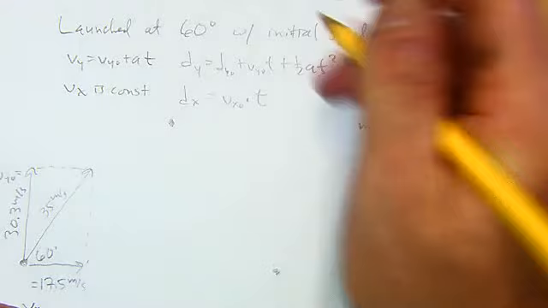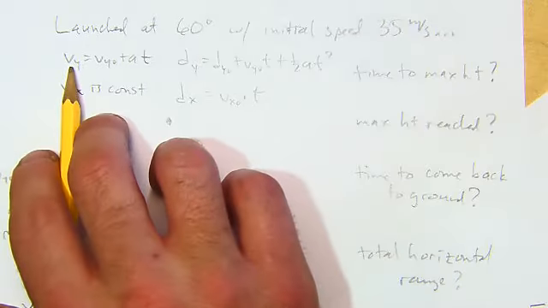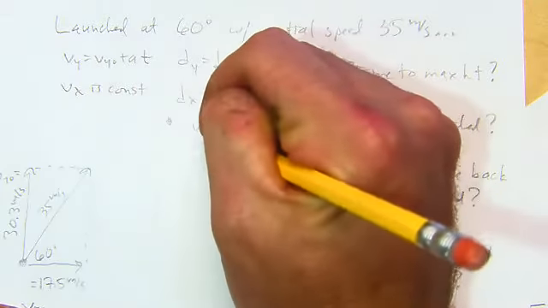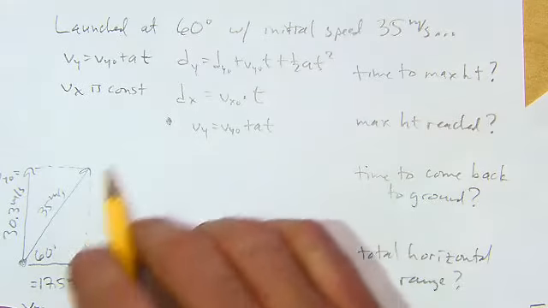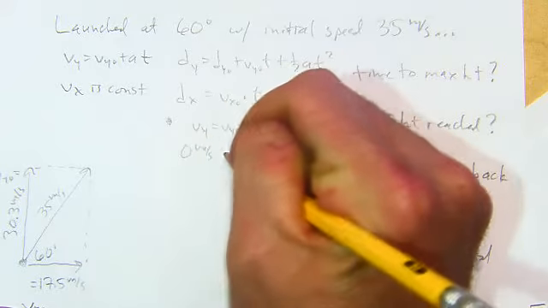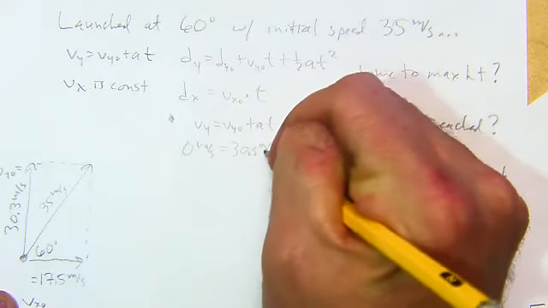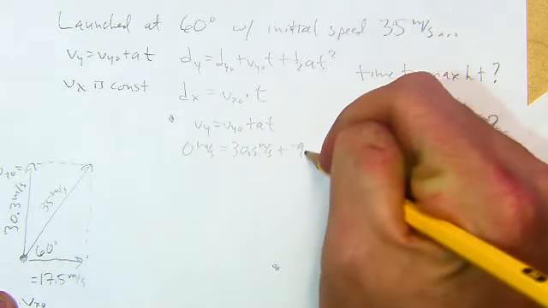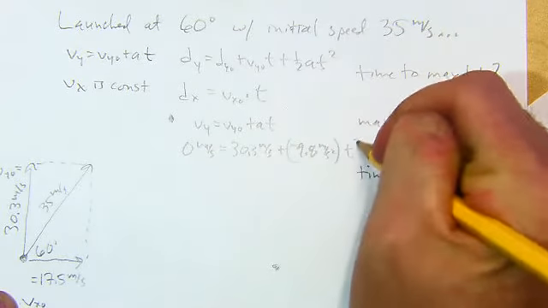Okay, so let's look at this scenario here. Time to the max height. The key there is that at my max height, my Vy is actually 0. So at this point, I know my y velocity has gotten down to 0. Vyo is the 30.3. Negative 9.8 is my acceleration, t squared.